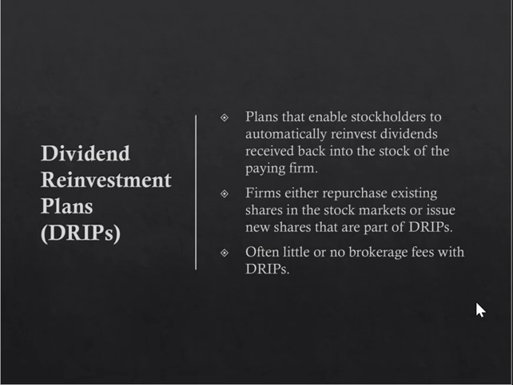There's almost no brokerage fees associated with dividend reinvestment plans, and companies can utilize that to essentially retain cash. A lot of utilities have dividend reinvestment plans. So you could say, instead of getting my $20 dividend check, please reinvest that into utility company stock, and the company will do that for you and then issue you additional shares, which then begin to compound.